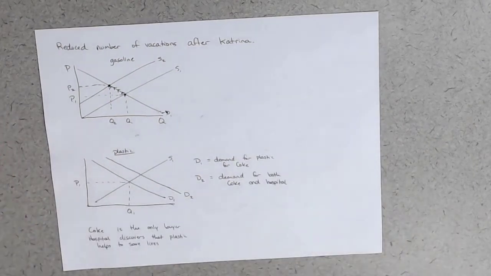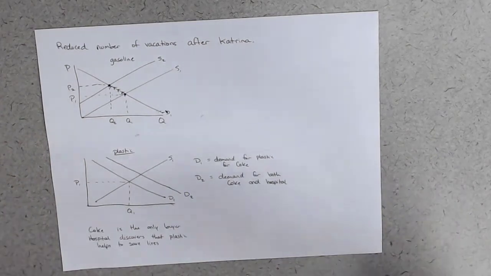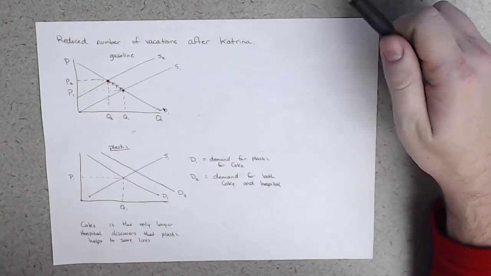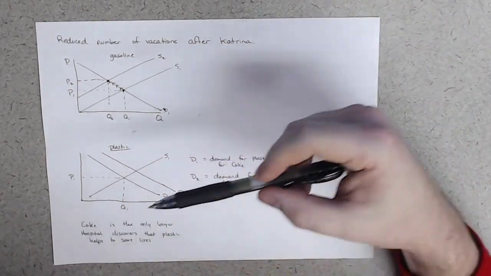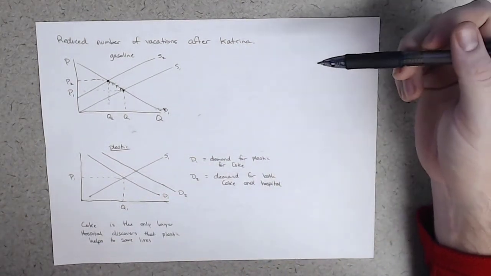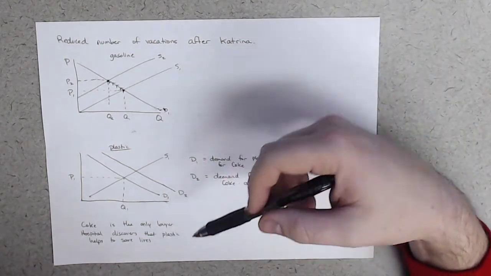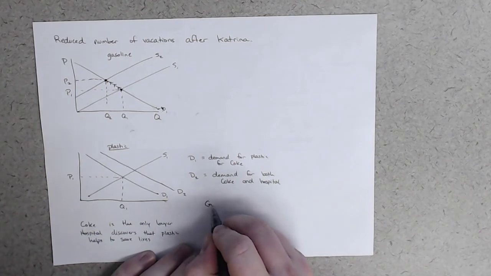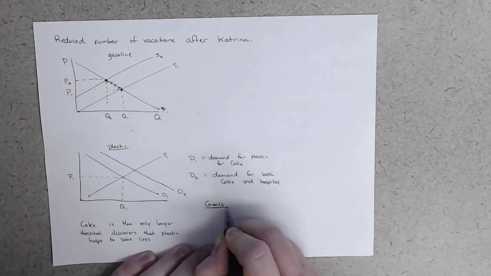Okay. And so let's think about what we would want the world or society to do in this example. Okay, so if Coke is the only buyer of plastic and hospitals discover that plastic helps to save lives, then we might have two goals that we want to accomplish.